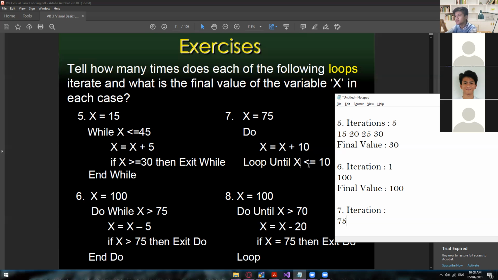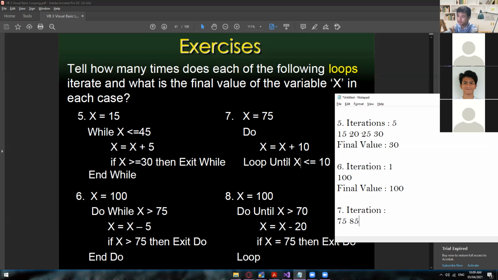Yes, sir. Because plus our increment, it will never become lesser than 10. So as you guys can see, 75 is less than or equal to 10, which is false. So it will still loop. The next one is plus 10, so 85.